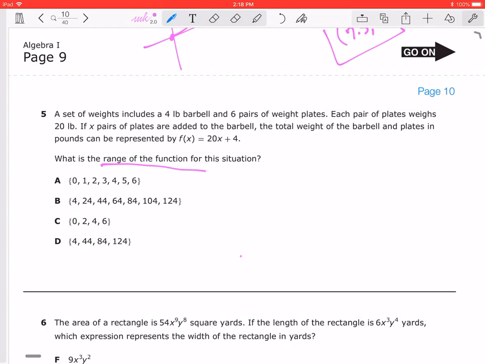Now, we're asking for the y values. Okay? Now, I need to determine, it says the x is the plates. So that means that our x values are represented by the weight of the plate.